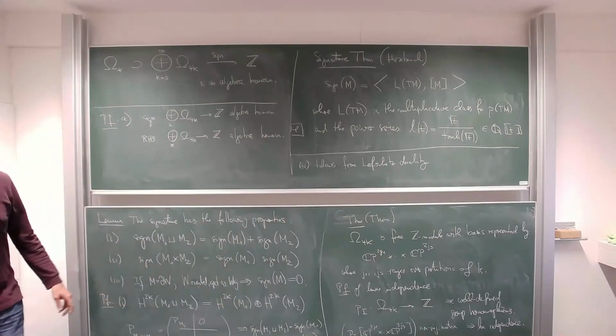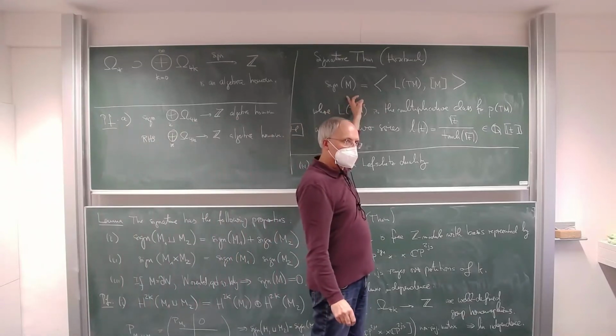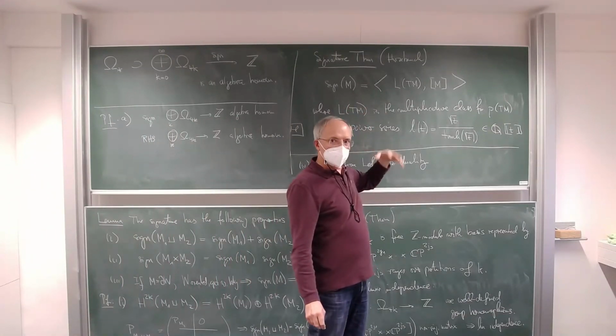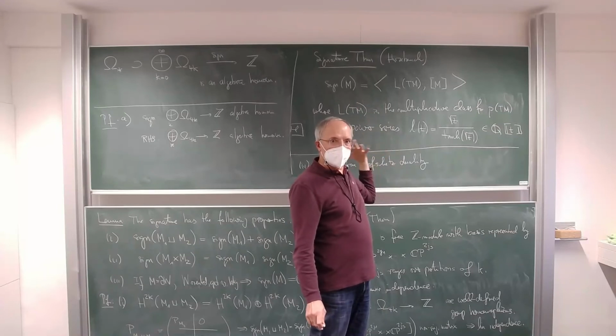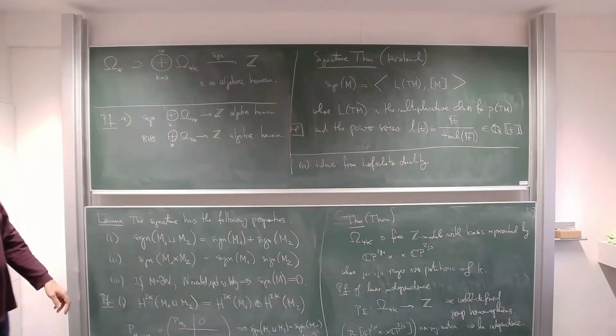And now if I want to show equality of these two things, it's sufficient to do this on a generating set of the algebra, which generates it as an algebra. And we now know such a set.